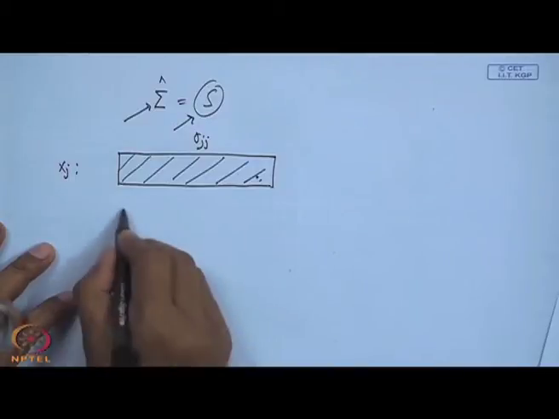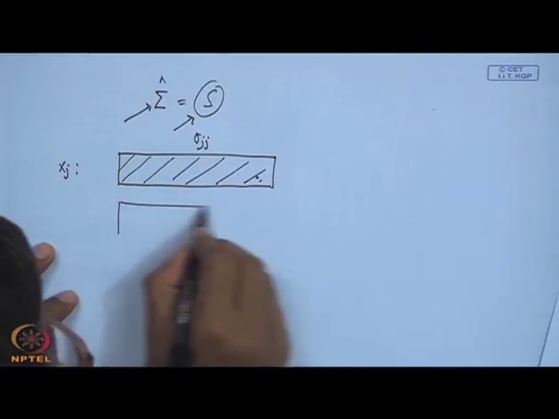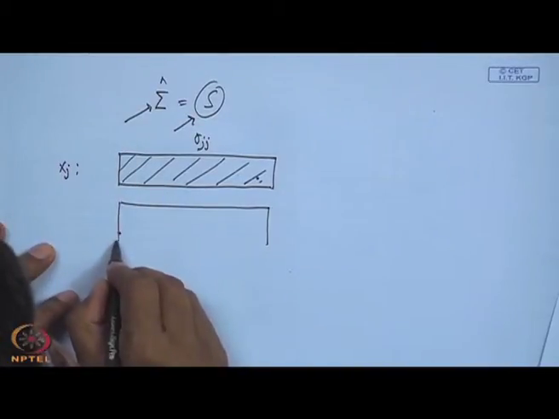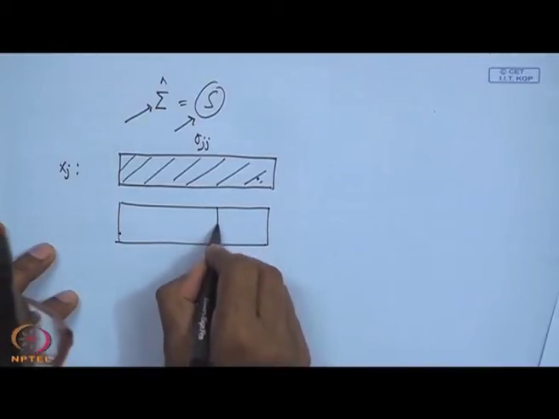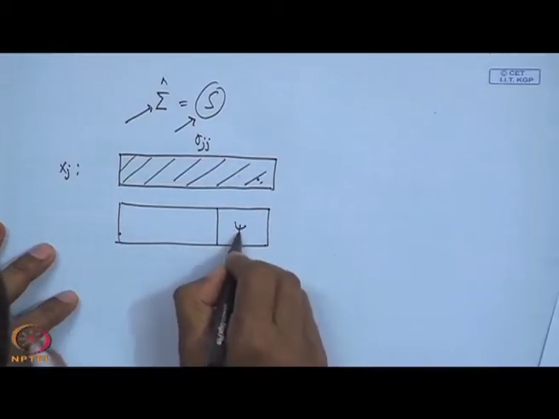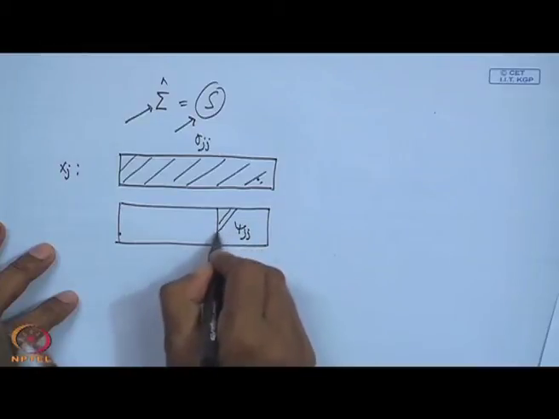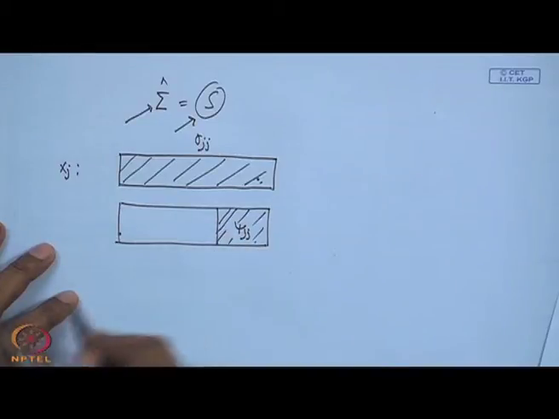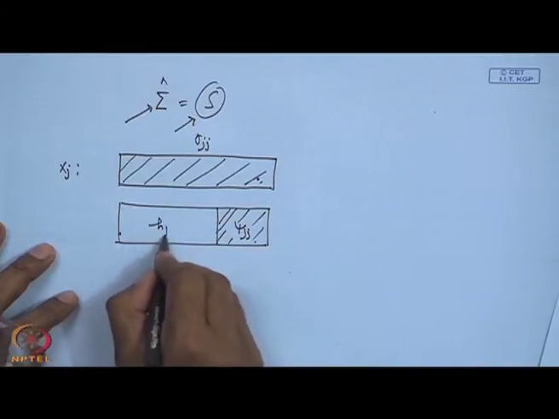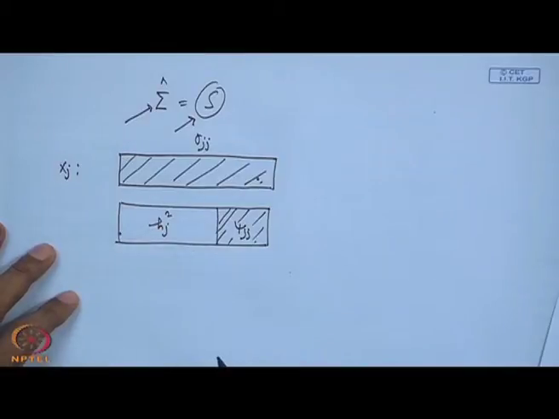And we have seen in the last class that this can be partitioned into two halves. One is psi jj, which is the unexplained or specific variance, and the other one is hj square.